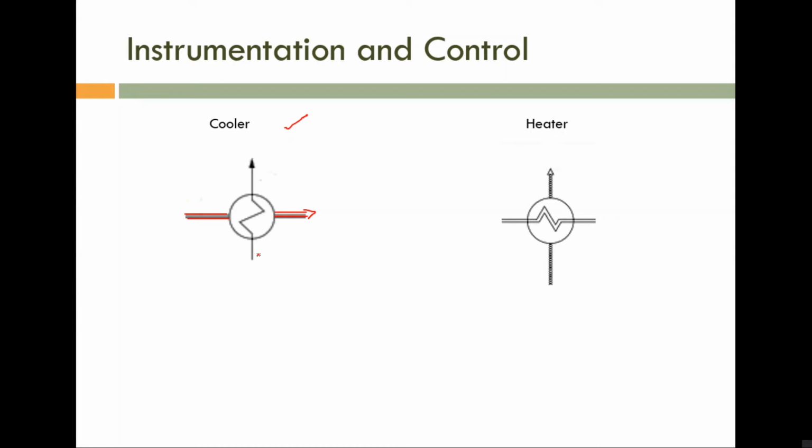Continuous means that is liquid. Single means for cooling purpose. So single continuous line means this one is a cooling liquid. So cooling liquid is used to decrease the temperature. For cooling purpose we are using cooling liquid. So from this symbol itself we can say this one is cooler. From this single line itself we can identify this one is a cooler.